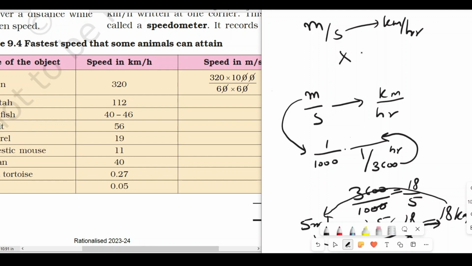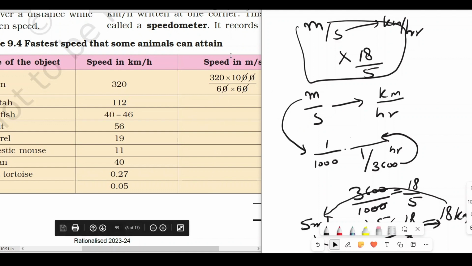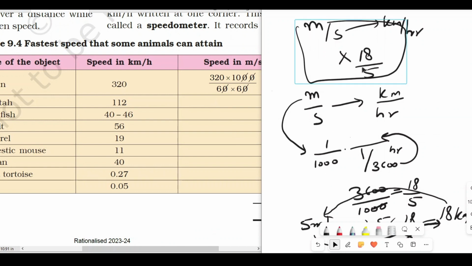You multiply by 18 upon 5. It's as simple as that. Okay, so this is what we missed in the previous class. And if you are looking for answers here, it's simple mathematics. You just multiply each one of these with 5 upon 18 to get the speed in meters per second.